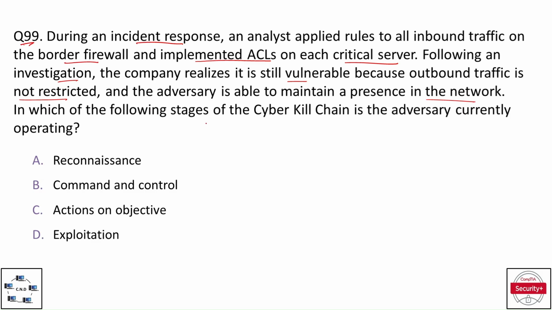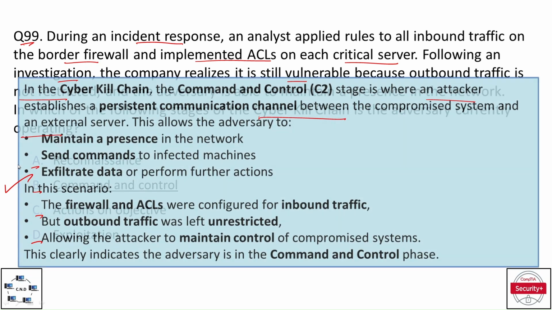In which of the following stages of the cyber kill chain is the adversary currently operating? And the options are: option A, reconnaissance; option B, command and control; option C, actions on objective; and option D, exploitation. And the correct option is option B, command and control.